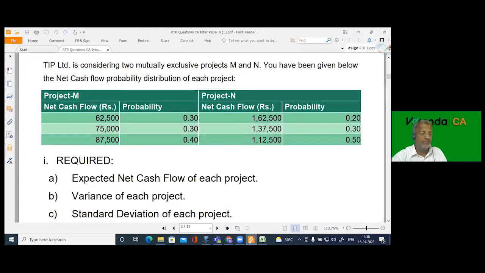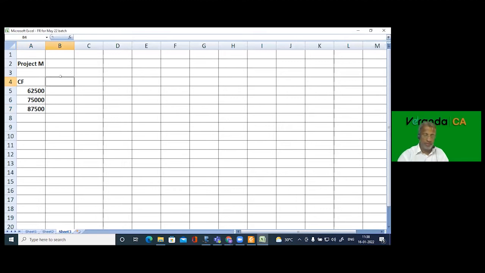Let's just check. Yes. With probability 0.3, 0.3, then 0.4. Expected cash flow: this cash flow multiplied by probability gives 76,250.